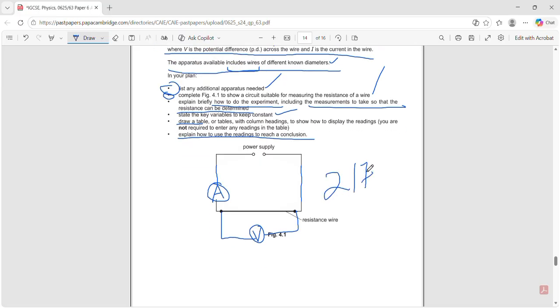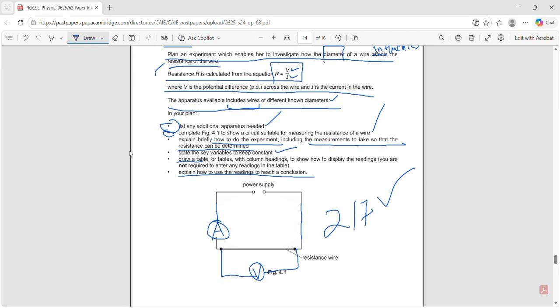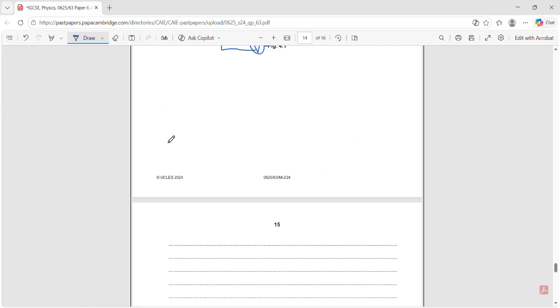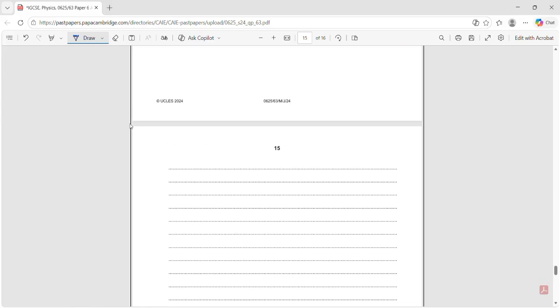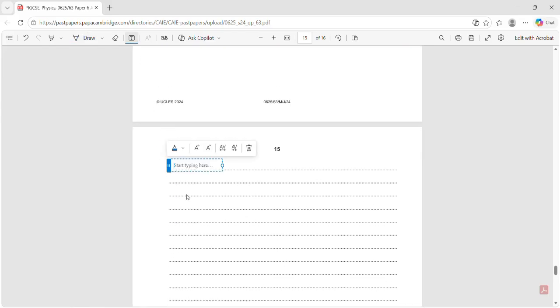Then how will we do the experiment? So now let's go over here and I'll explain side by side. We know that the independent variable is the diameter of the wire.